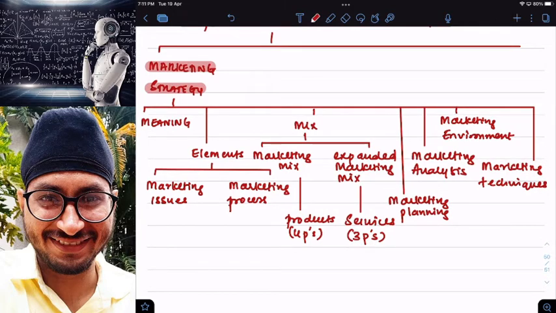Marketing strategy. Then the second strategy we have here is production strategy. The third strategy we have here is logistics strategy. Then we have supply chain management strategy.